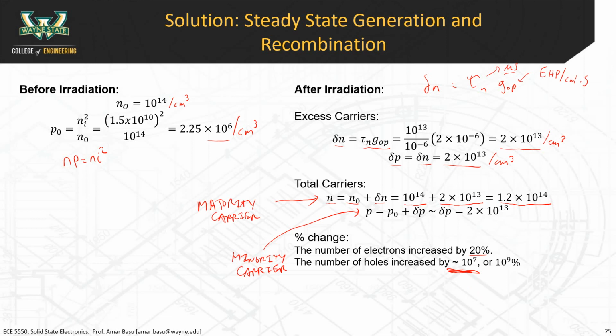Whereas the fractional change in electrons changed only by 20%. So this is what's called minority carrier injection. You're significantly impacting the minority carriers, but you're not significantly impacting the majority carriers.